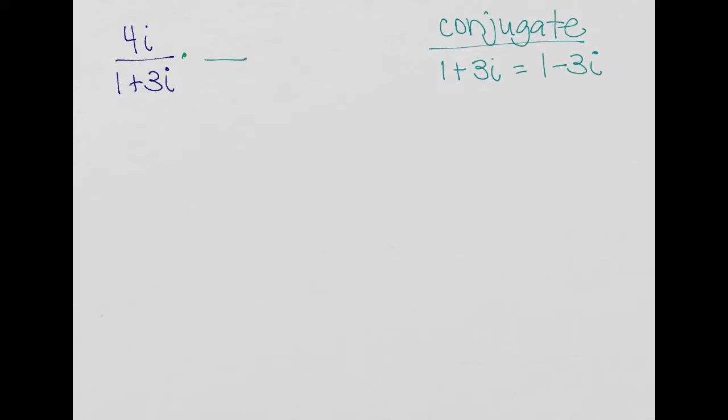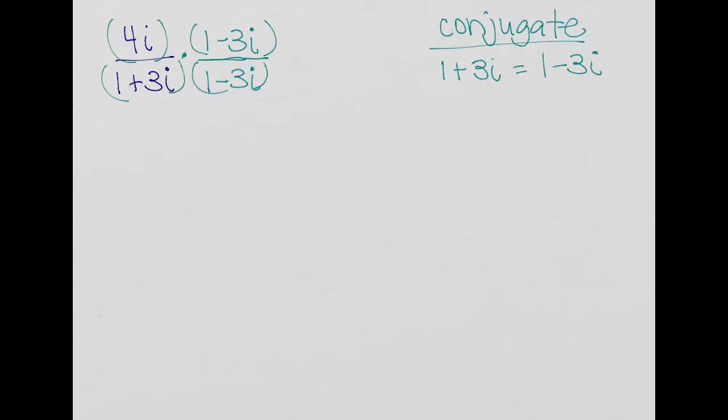So when you're multiplying by that, you figure out what you're going to multiply by looking at the denominator, use the exact same terms with the opposite sign, and you're going to multiply the numerator and denominator by the conjugate. I'm just going to put parentheses around these.